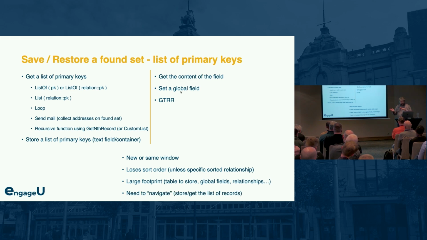And you need to navigate, so change context to store and get your list of records. Of course, now with the data API, the execute data API script step, you have plenty of ways to avoid navigating to get or store some data.